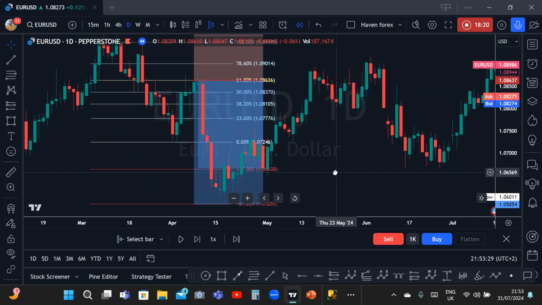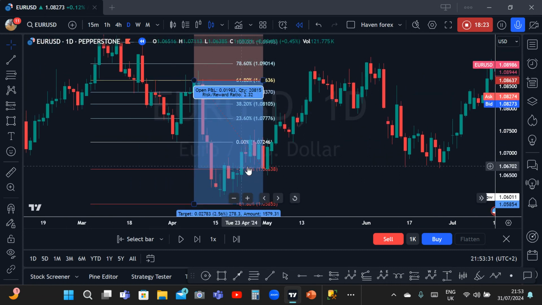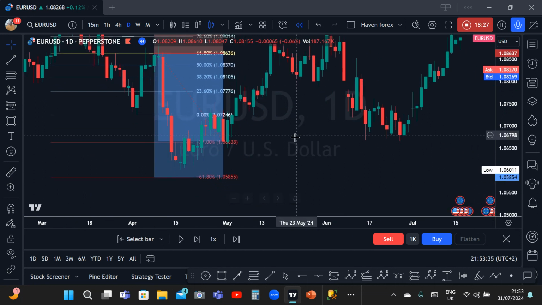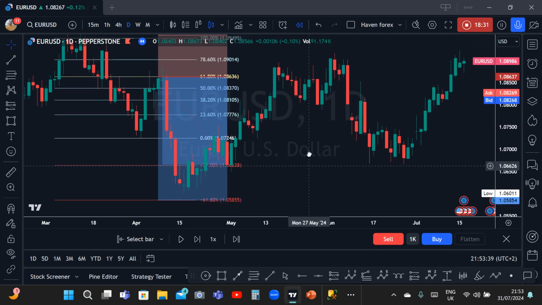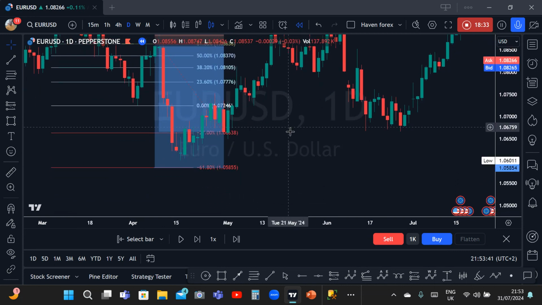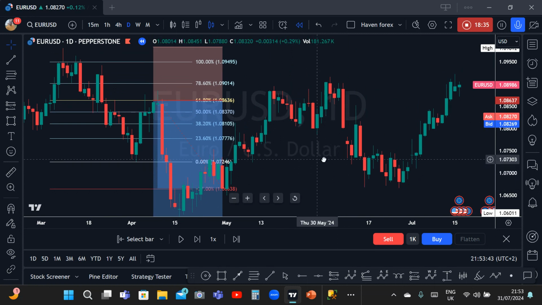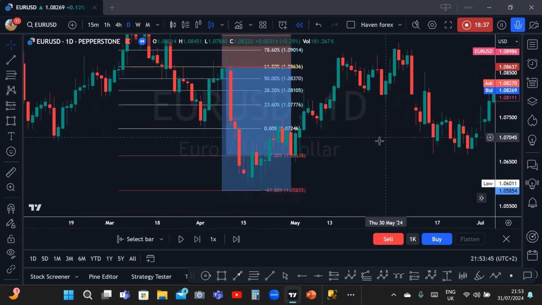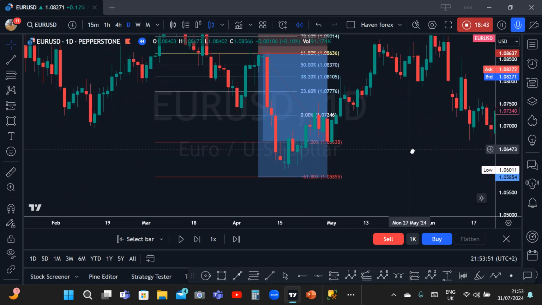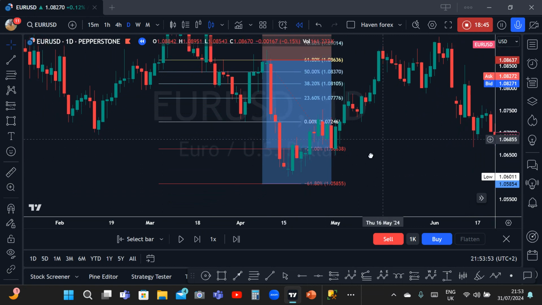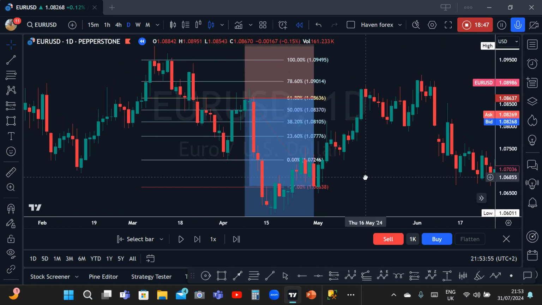Negative 27.0 is a really good level where you should always take your profit, because with negative 61.80, sometimes it takes time before price will hit your profit level. But negative 27.0 is always a perfect place where you should take your profit. So that is it, guys.